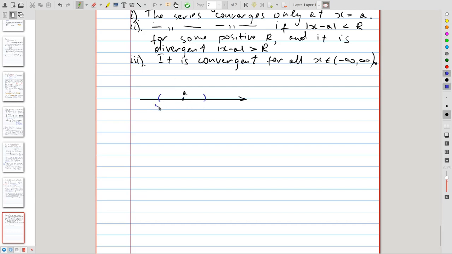So this would be a minus r, and this is a plus r. And our power series is convergent here and divergent outside of this neighborhood.